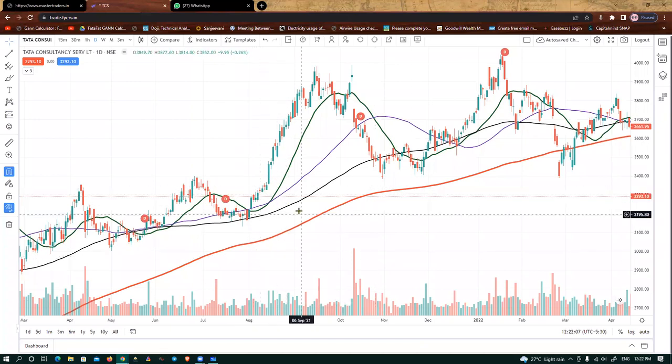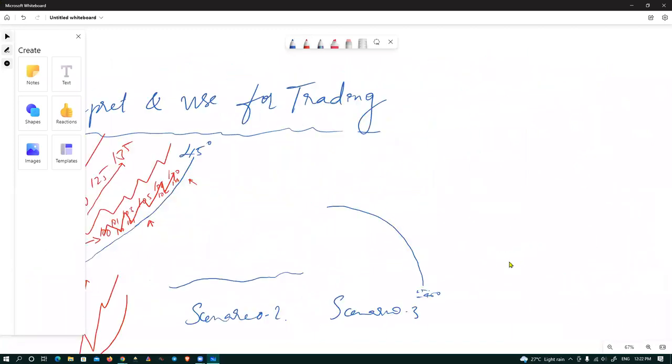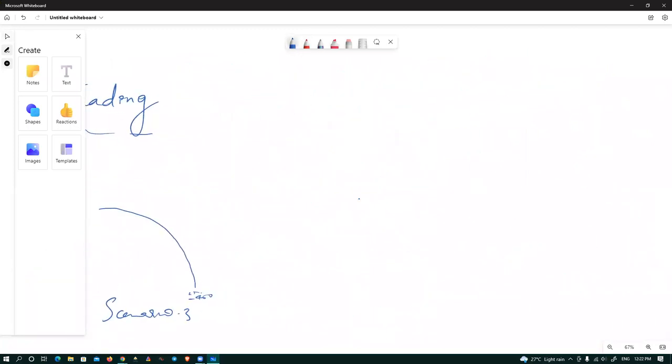The meaning of how to use this moving average is, if the 20 moving average is steeper, it means the recent 20 days price action is very fast.